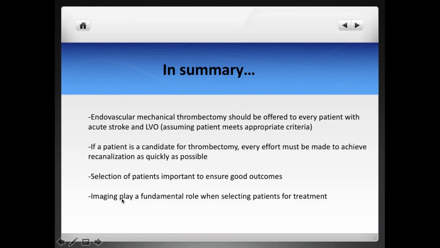And that selection of patients is only going to be possible using your clinical knowledge, but also, and very importantly, the right imaging. In conjunction with the clinical presentation of the patient, that is what's going to allow you to do the right selection of cases and make sure that you can achieve that good outcome that we all want for our patients.